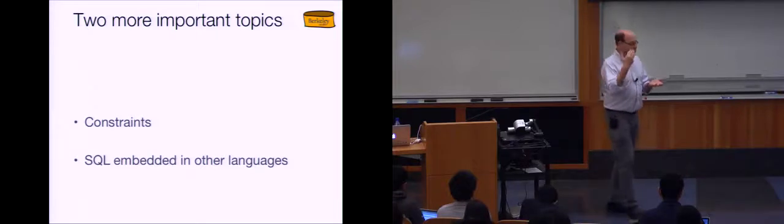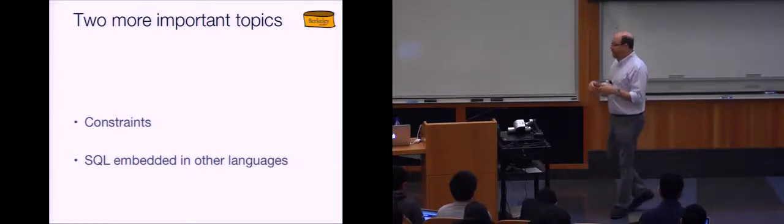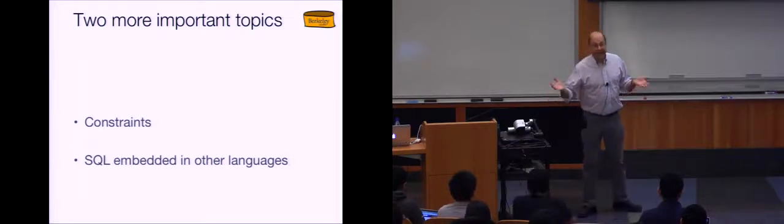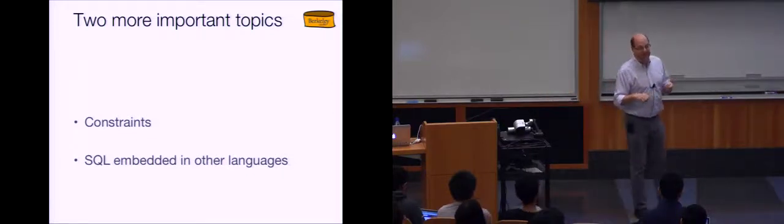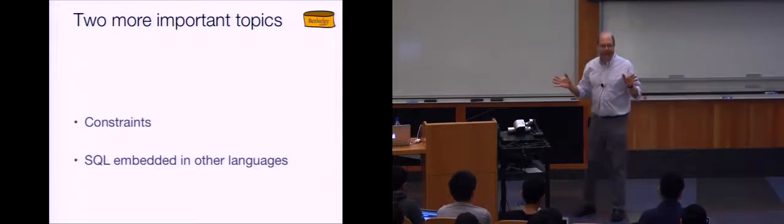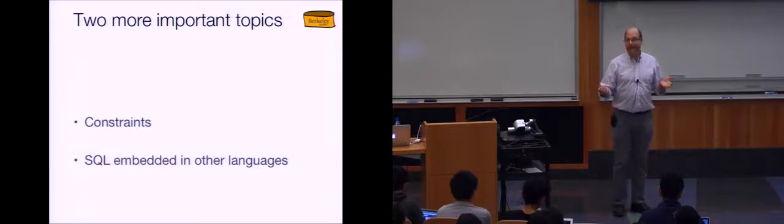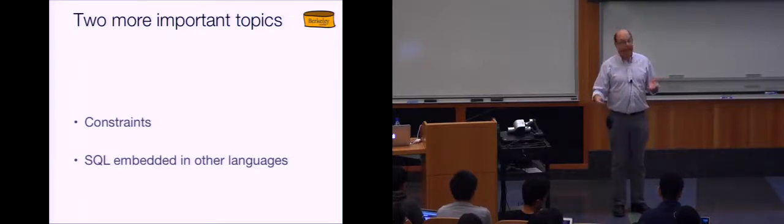Not only do you have to remember what all the rules are when you're writing your programs, but people you've never even met, who come along after you've long been fired or moved up to being CEO or whatever happened to you, are going to try to write programs against the database. And if they don't know what the rules are, they could easily write a program that could corrupt the database.